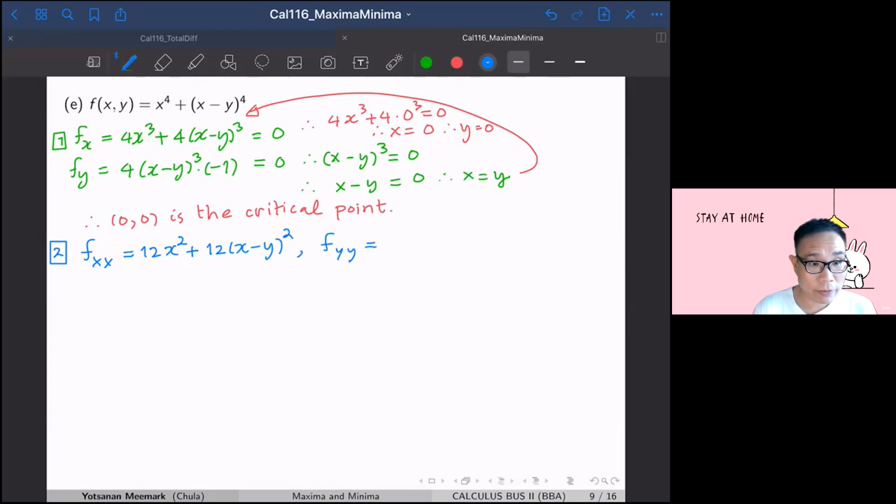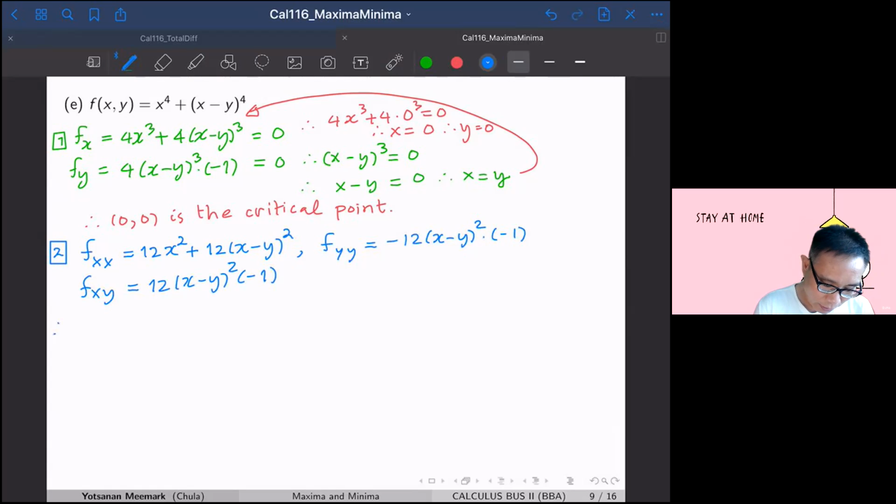This guy will be 12(x minus y) squared times negative 1 times negative 1, so that's my fyy. And fxy turns out to be 12(x minus y) squared times negative 1 also. So this is fxx, fyy, and fxy squared.